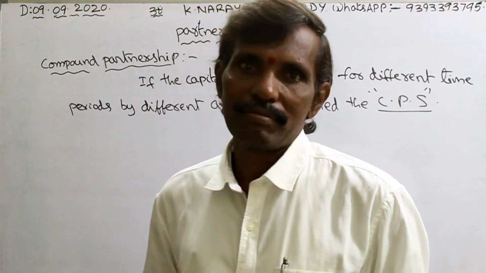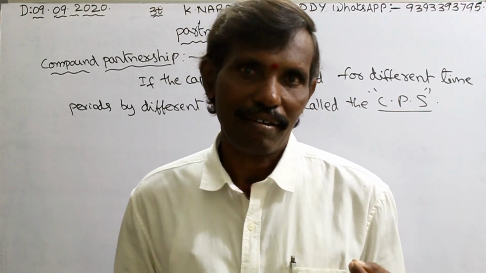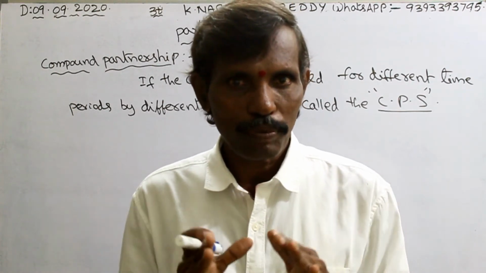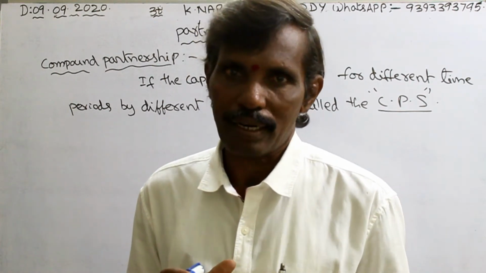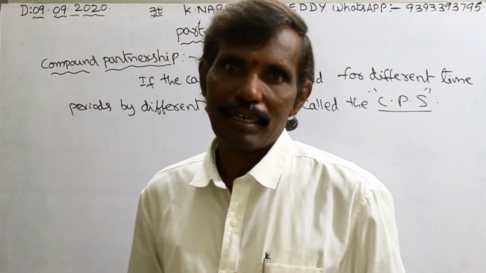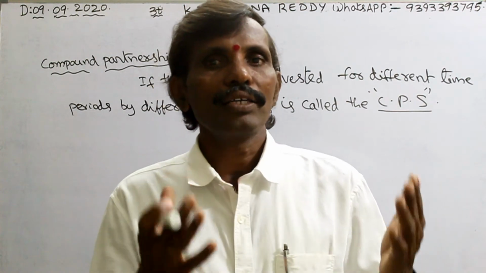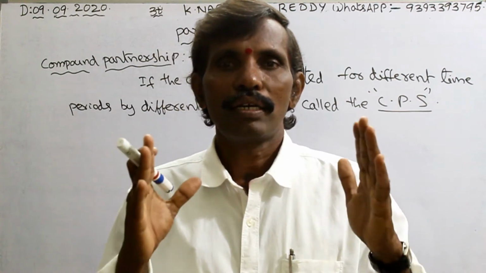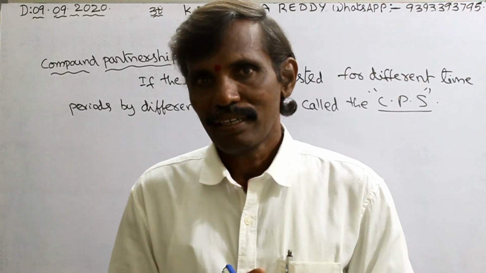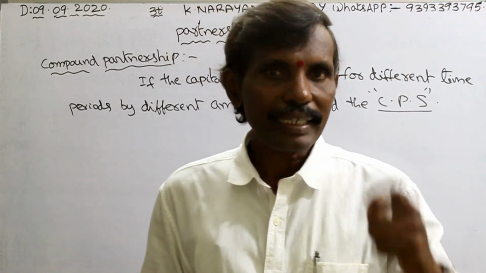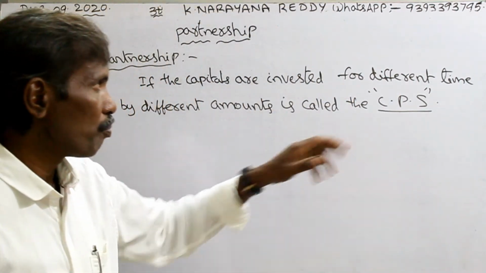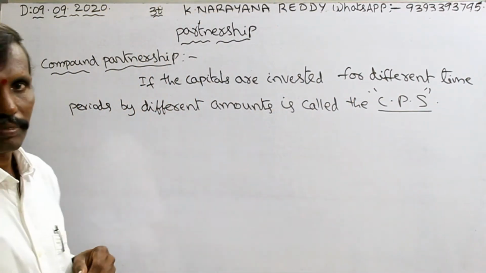Loss or profit is also distributed among those people depending on their investment or capital. So depending on their capital, loss or profit is distributed among those partners. That type of deal, that type of process is known as compound partnership.